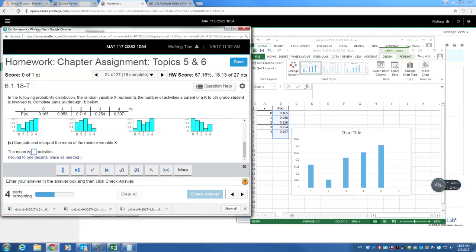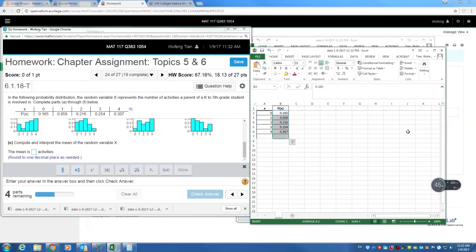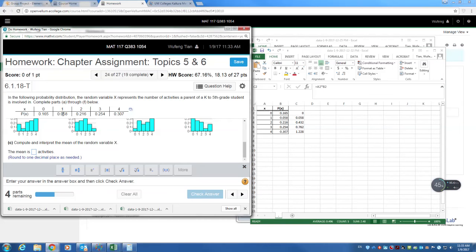The mean value: how do you find the mean? The mean is the sum of x times P(x). You drag this down, x times P(x) for each row. So 0 times 0.165 plus 1 times this probability plus 2 times this probability plus 3 times this probability plus 4 times this probability.